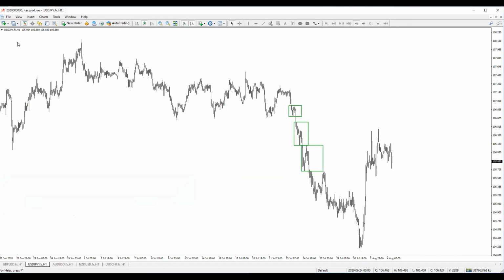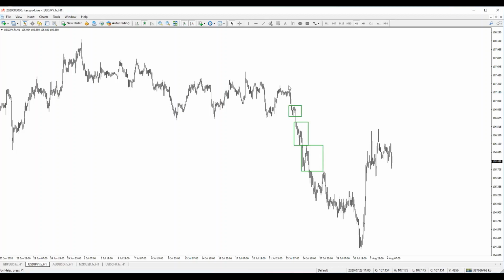So let's look at the Japanese yen versus the US dollar, and we can see that on H1 price was consolidating for a while, and now price is getting down, and here's the flagging situation for the yen.